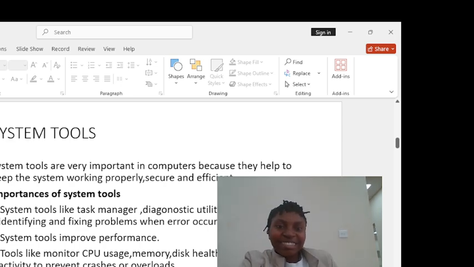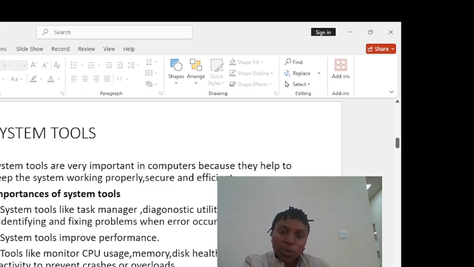I'm Simba Janet. I'm going to talk about system tools. System tools are very important in computers because they help to keep the system working properly, secure, and efficient. The following are the importances of the system tools. System tools like the task manager and diagnostic utilities help in identifying and fixing problems when an error occurs.